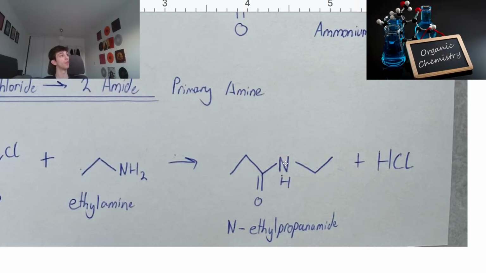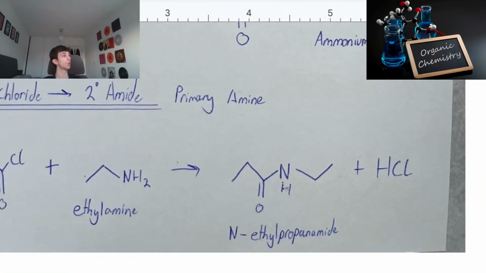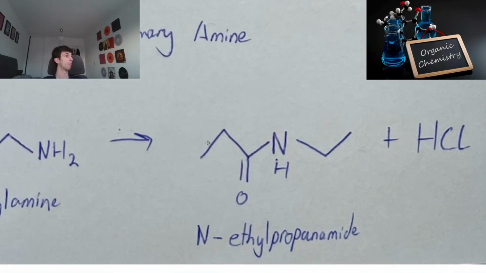Oh, okay, wait, I have another example, guys. If this nitrogen had, let's say, instead of this hydrogen, it was a tertiary amide, so we had another chain coming off it, you could simply call this N-ethyl, N-propyl, and then in this case, because we have 1, 2, 3, it'll be propanamide.